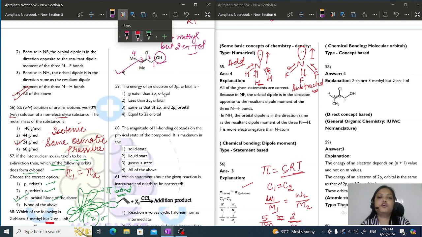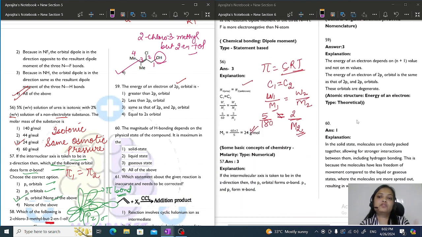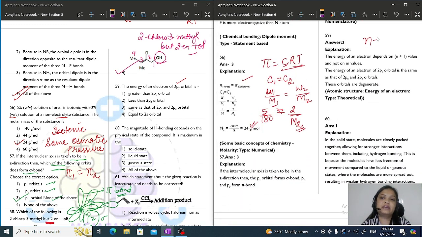Next, the energy of an electron of 2py orbital is. So we have to compare the energy of 2py orbital with 2pz, 2px and 2s. So actually we know that the energy of an electron depends on n plus l value, like in which shell and subshell it is. So for 2p, the value of n plus l is the same, right?